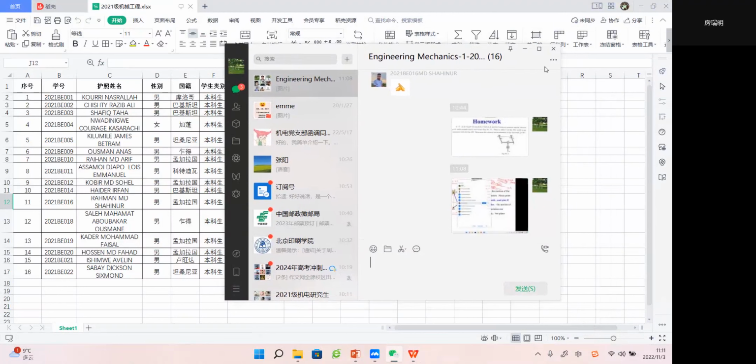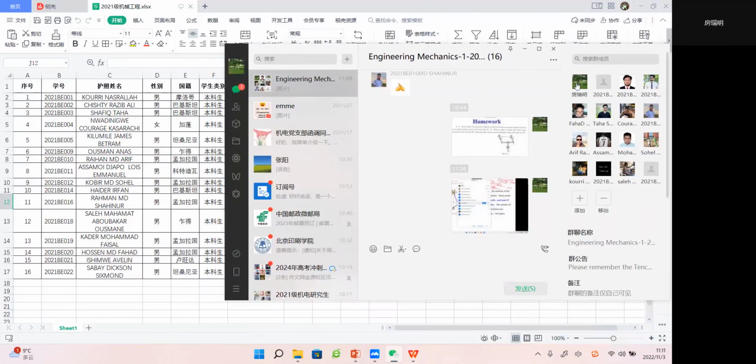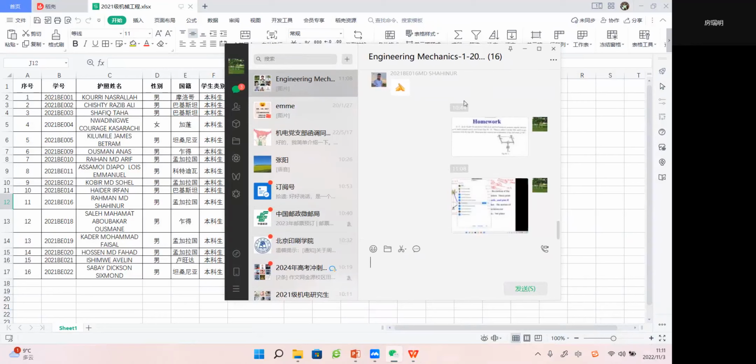But here 16 includes me, right? Including me, the first guy. So I think there should be a gentleman who is not in our group. Can you guys drag that gentleman into our WeChat group?